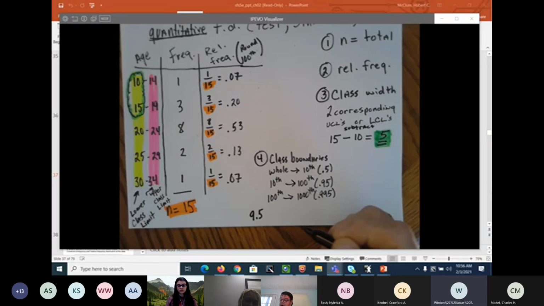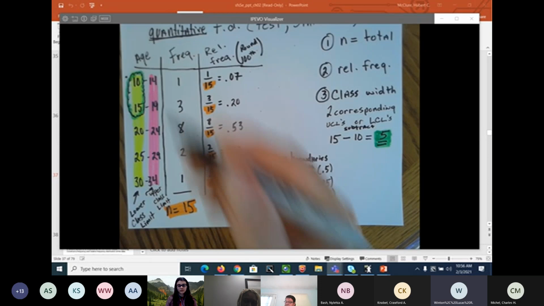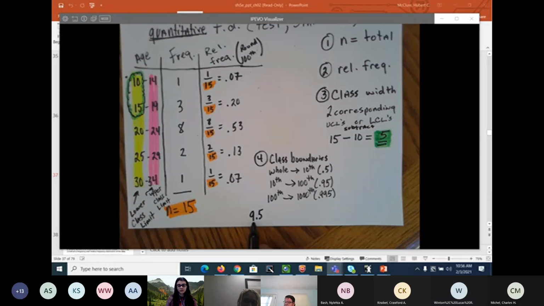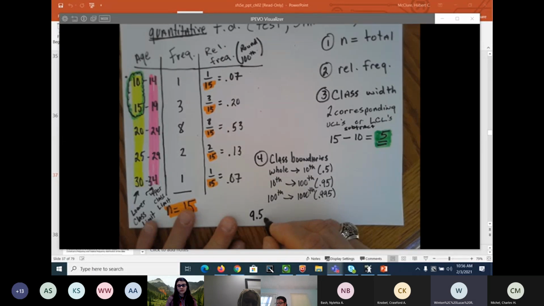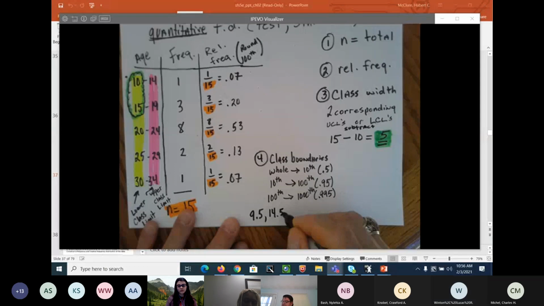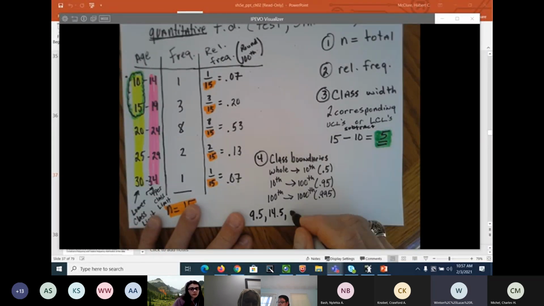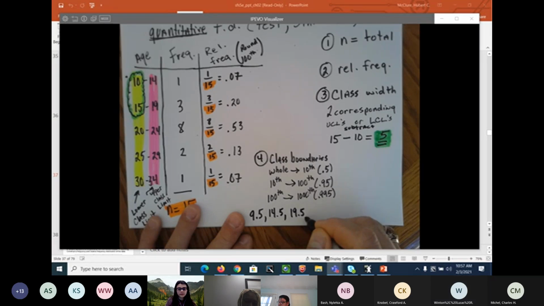Right here. What number comes before 10? 9. And then you add a 0.5 to it. And now you just add the class width. What's 9.5 plus 5? 14.5, Hubert. What's 14.5 plus 5? 19.5, Hubert.